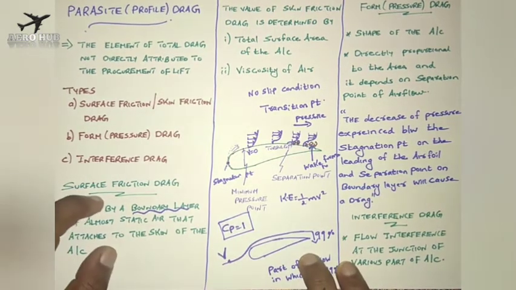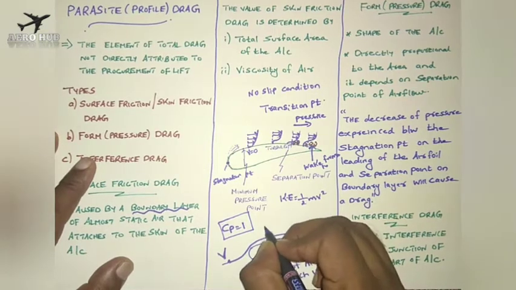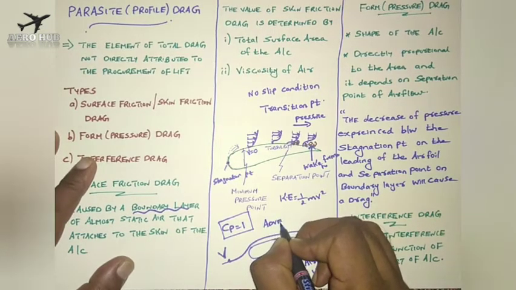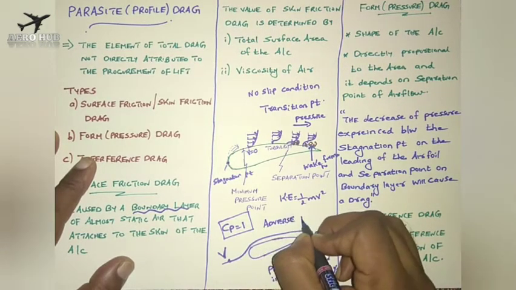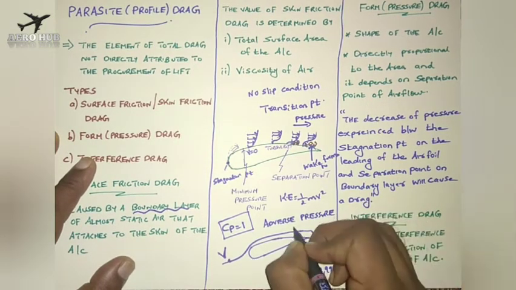You have to understand all this, and basically the boundary layer separation is mainly due to adverse pressure gradient.